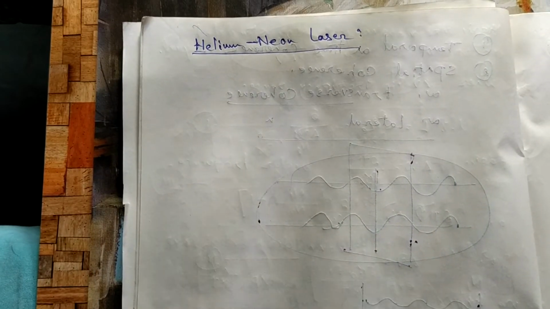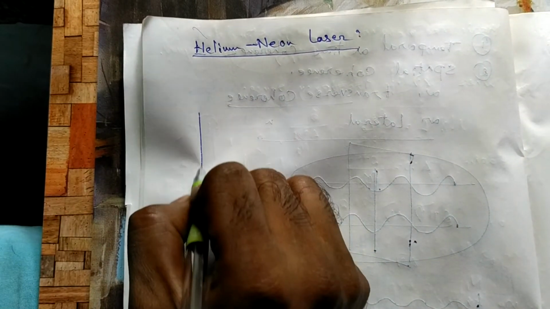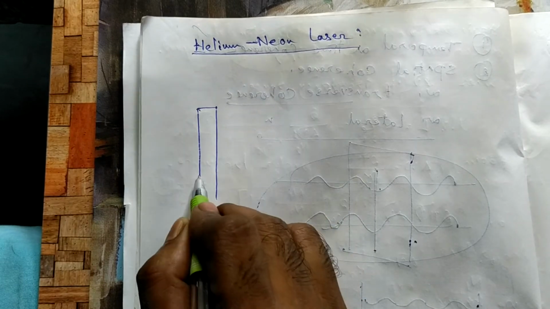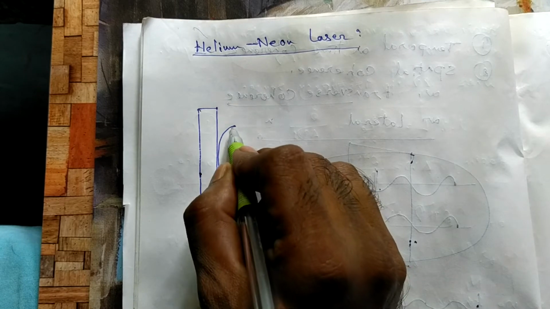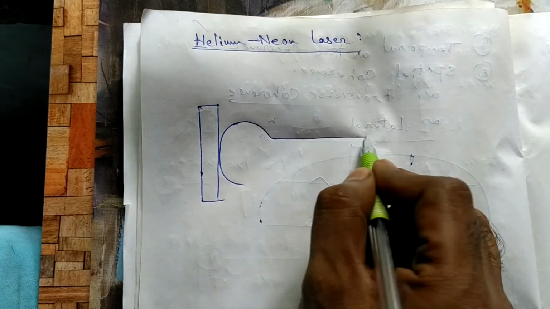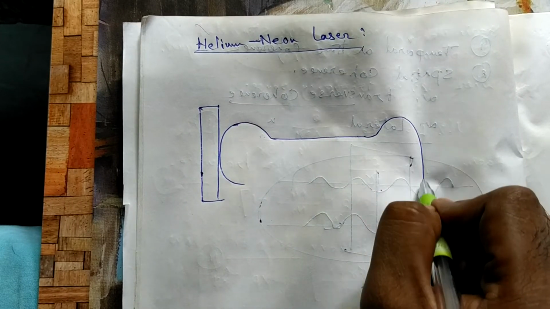Now how does it work? I am going to draw the diagram of the helium neon laser. Here is a gas tube. Obviously this is a gas laser, so we need a gas tube.